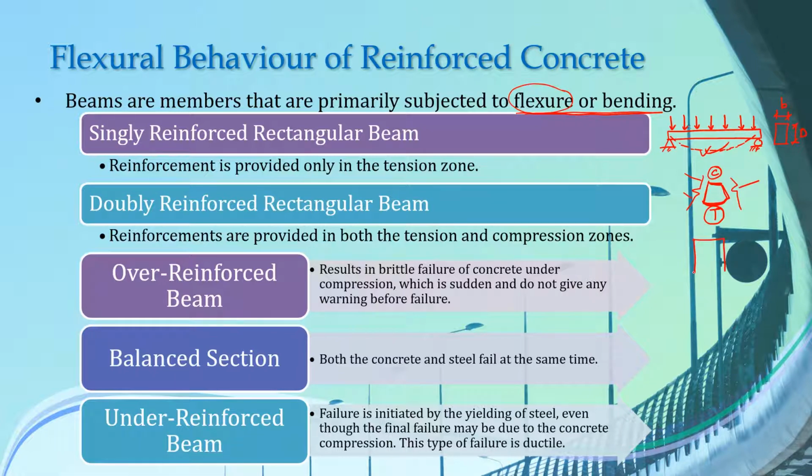So if you take this shape of the beam here, there is one imaginary section somewhere in the middle of the beam, which divides this compressive zone and this tension zone. And this imaginary axis is known as the neutral axis.